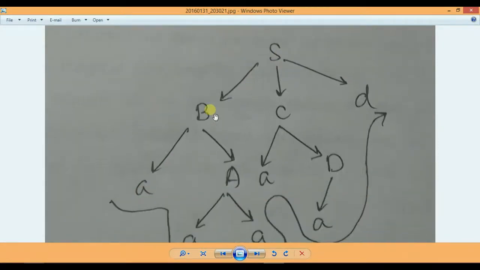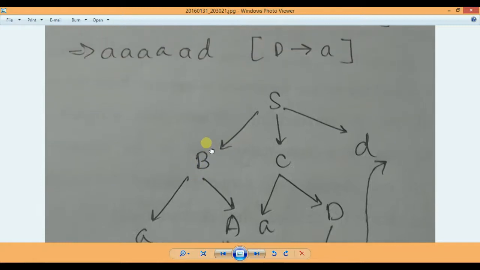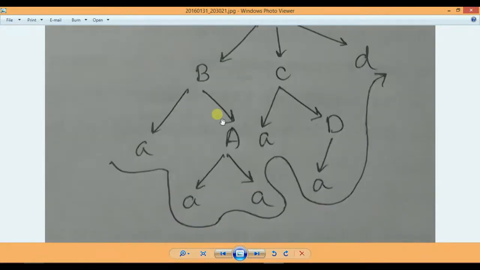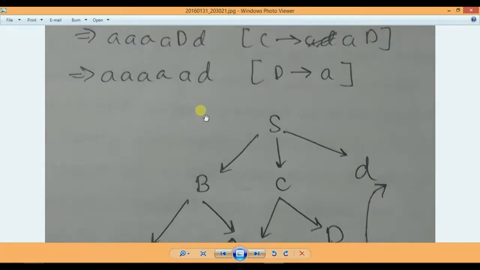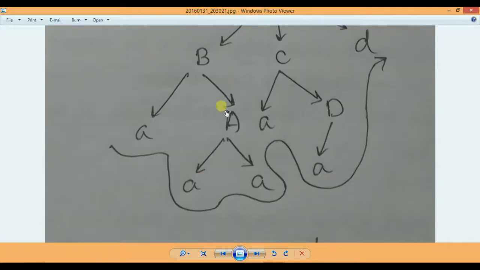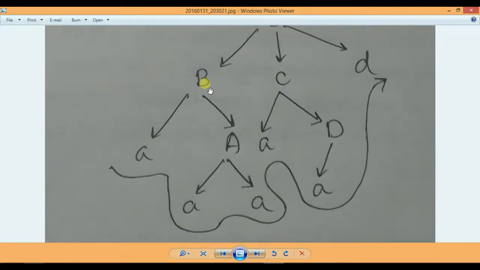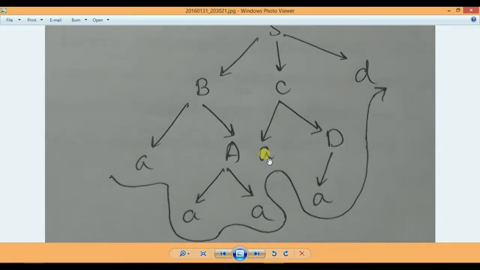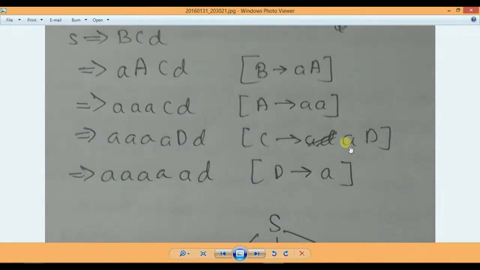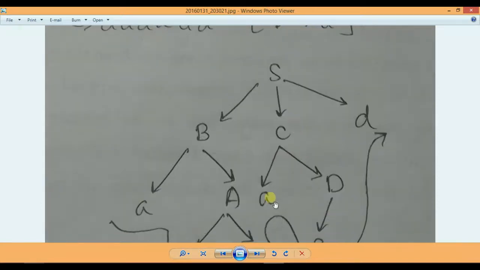At each level, we replace the variable with the replacement string. I hope you remember what the replacement string is. We replace the variable with the replacement string. Like B becomes small a and capital A, and C becomes small a and capital D, because it's written here. We use this at this stage, so we are writing this.